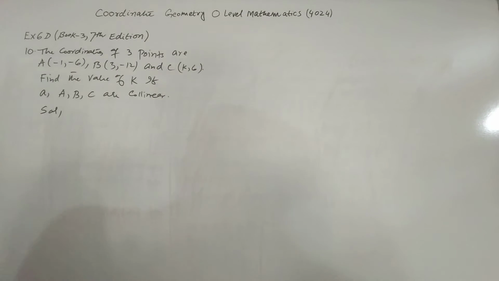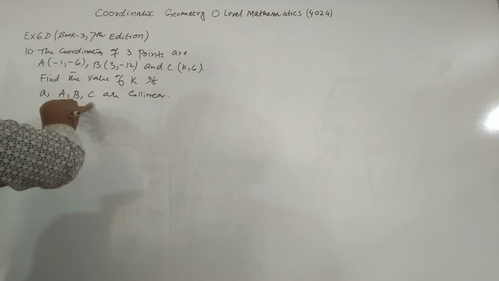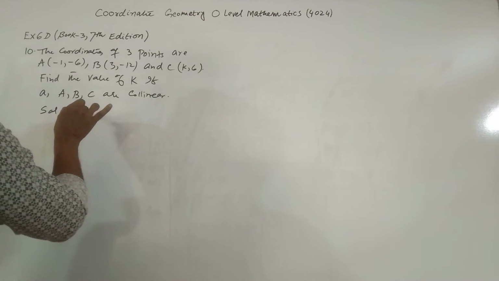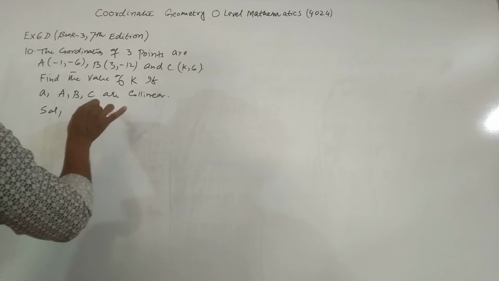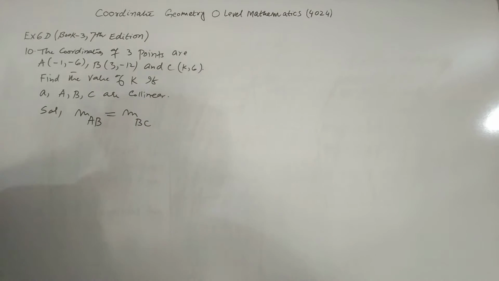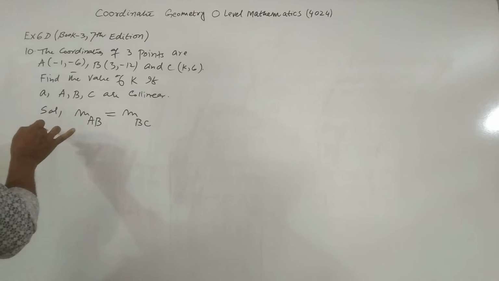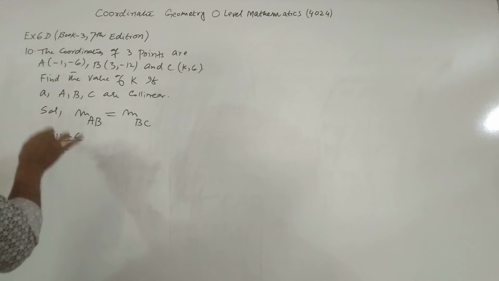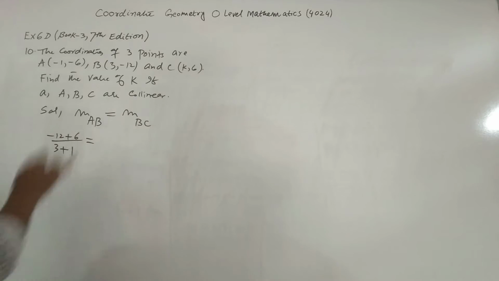As the given points are collinear, it means the gradient of AB must be equal to the gradient of BC. How to find the gradient of AB? By using the formula of gradient. y2 minus y1: -12 plus 6, over x2 minus x1: 3 plus 1.